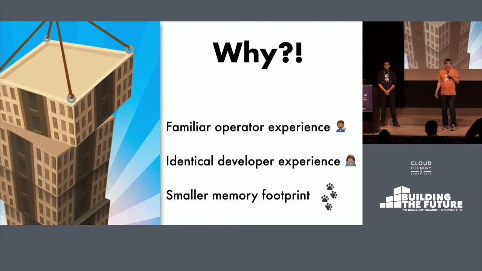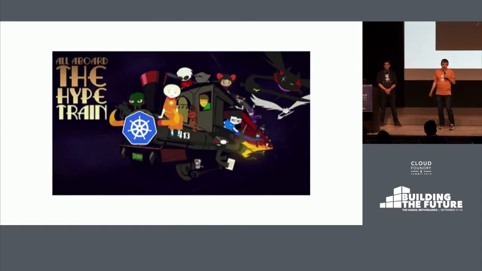And developers get an identical experience, whether it is Bosh-deployed Cloud Foundry or Kubernetes-deployed Cloud Foundry. Also, Quarks and Eirini provide a smaller memory footprint, and Kubernetes adds simpler auto-scaling, which you can use in future, not now, but soon. And also, because of all the hype, you want to know Kubernetes.